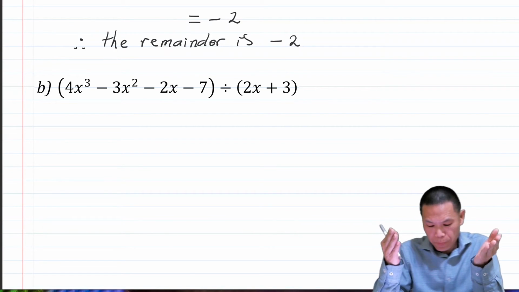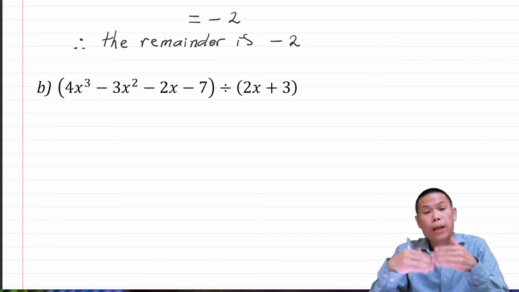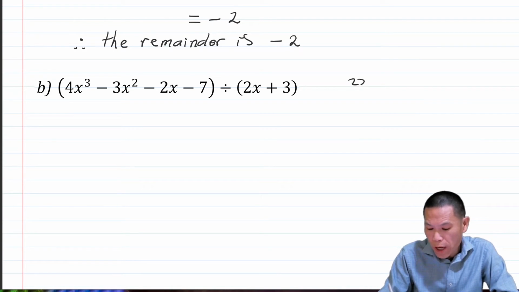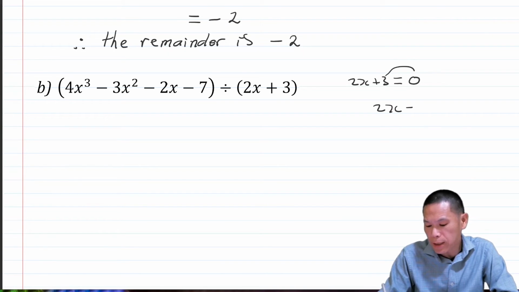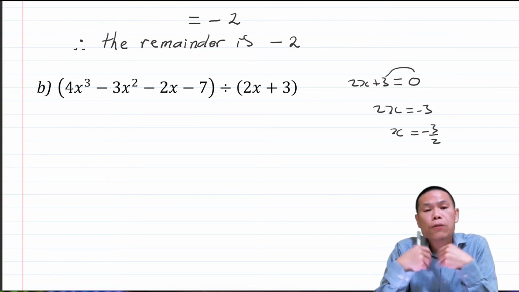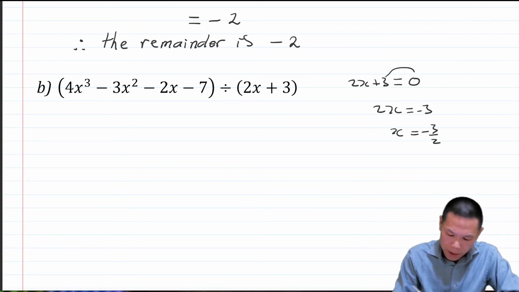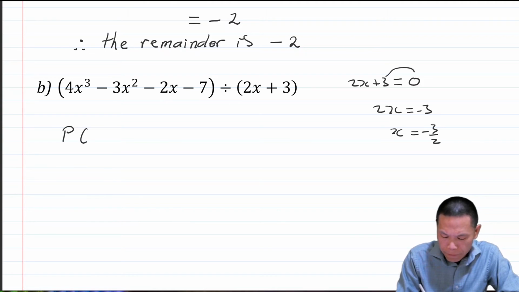Now second one. To find out the remainder for this, remember, if 2x plus 3 is equal to 0, we move the 3 to this side, so 2x is negative 3, x is negative 3 over 2. So all we need to do is find p of negative 1.5, correct?